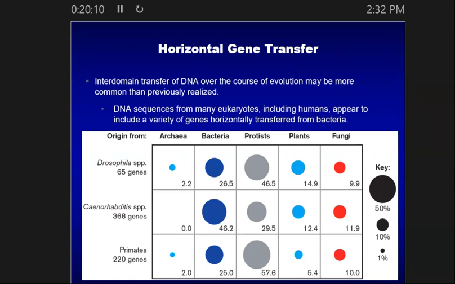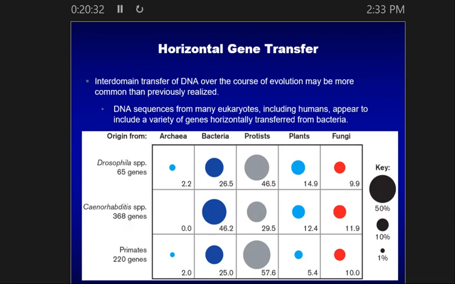And the bigger the circle is, means a bigger percentage of their chromosome came from bacteria. And so you can see that protists, for example, they got a lot of DNA from bacteria. But even primates, we fit into the primate category, and you can see that.